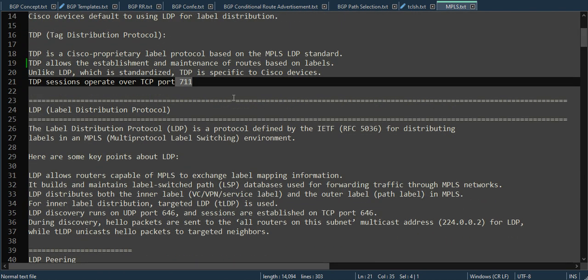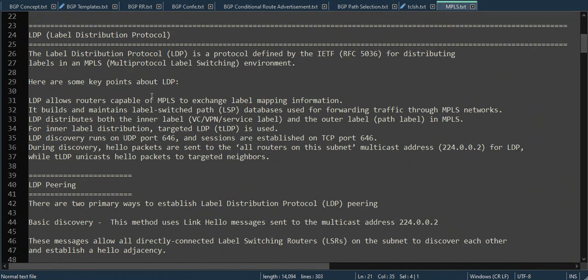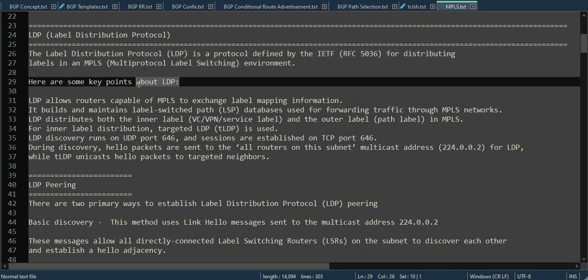Let me explain LDP in more detail. The label distribution protocol, or LDP, is a protocol defined by the IETF for distributing labels in an MPLS environment. Here are some key points about LDP.